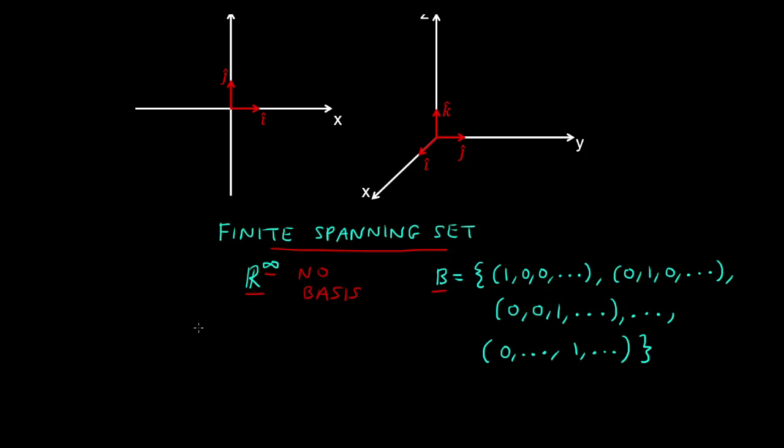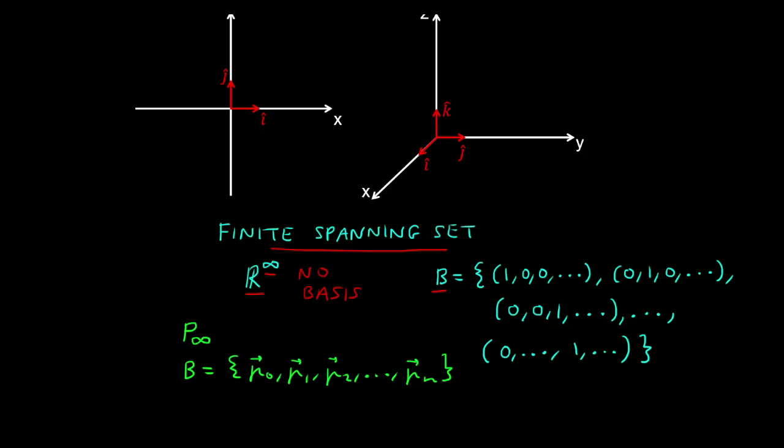And another example is a vector space of polynomials with an infinite number of terms. And suppose we have a finite set of vectors being P0, P1, P2, and so on, up to Pn.